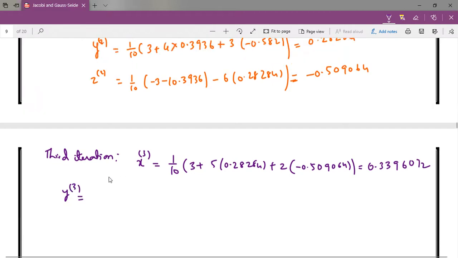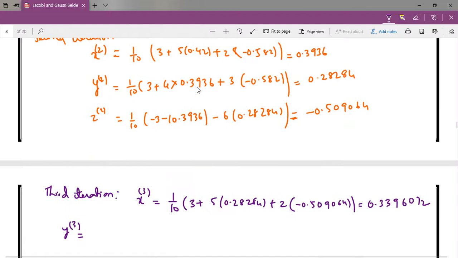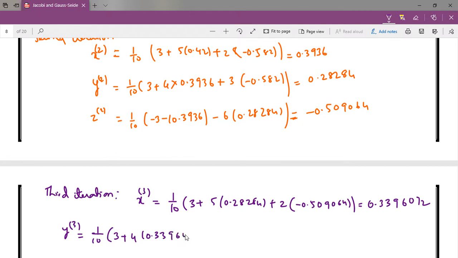So next go for y3. y3 is again in the second equation. Use x3 and z2 in the second equation. We get y3 as 1 by 10 into 3 plus 4 into 0.3396072 plus 3 into minus 0.509064.